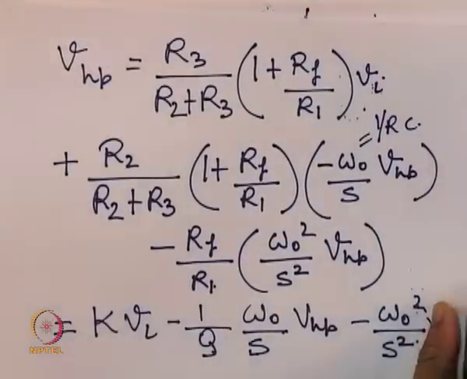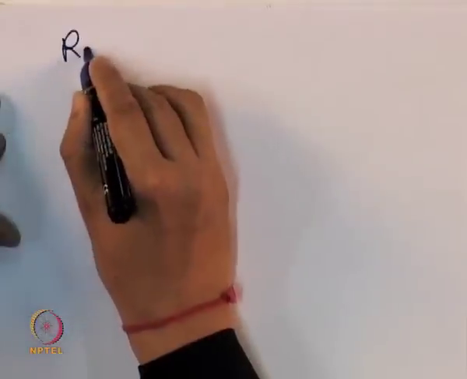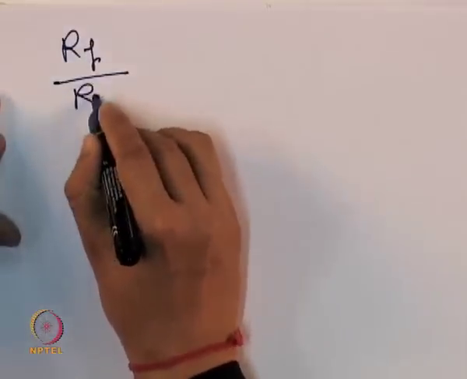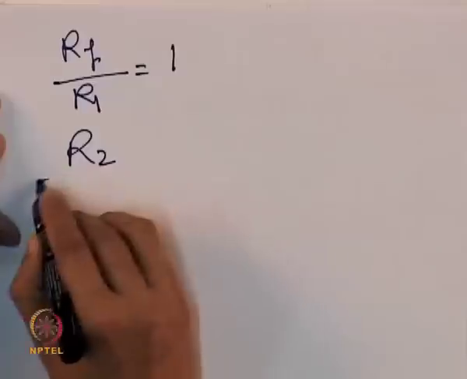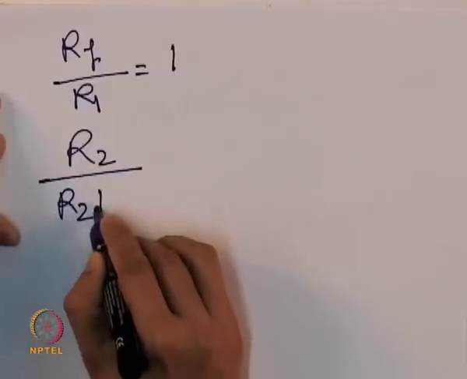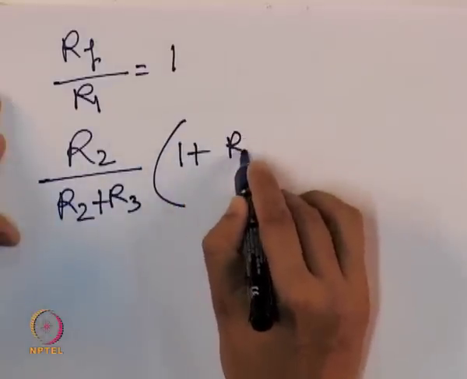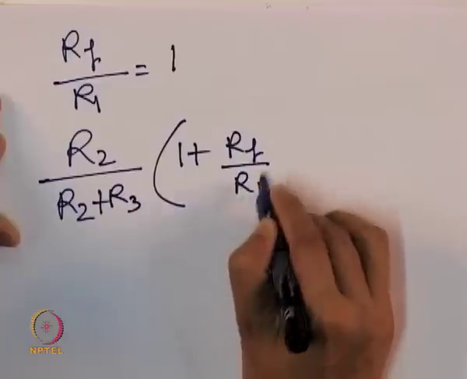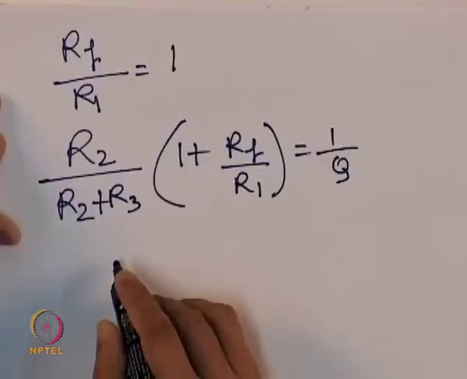Now, of course, to equate these two equations, the values of R1, R2 and R3 should be such that RF upon R1 is equal to 1, and R2 upon R2 plus R3 times 1 plus RF upon R1 is equal to 1 upon Q. Okay.